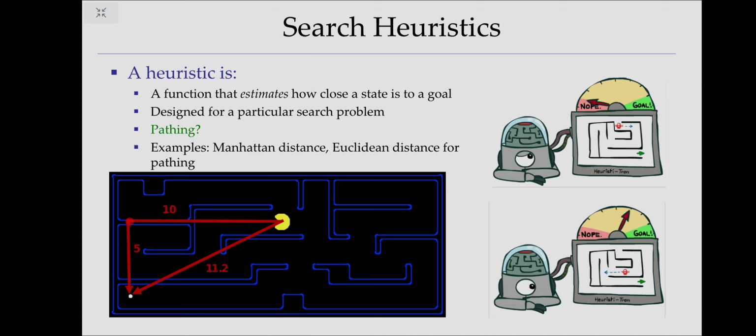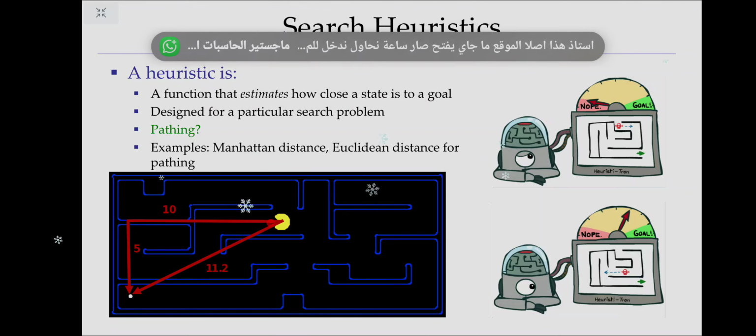For Manhattan distance, for example, if your location is x1 and y1 and the goal location is x2, y2, at first you can define the difference between your x and the goal x.